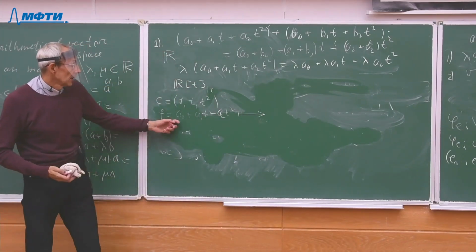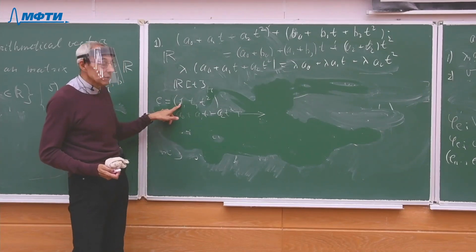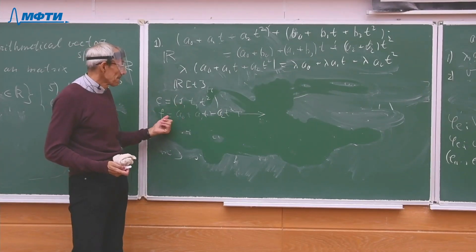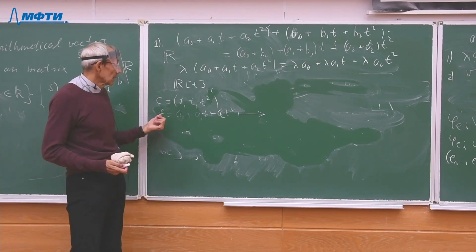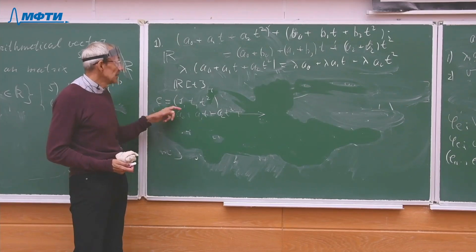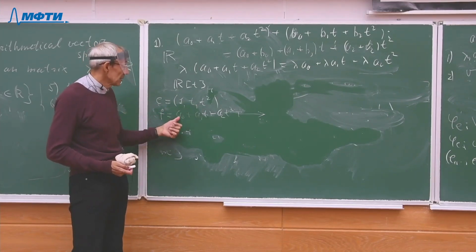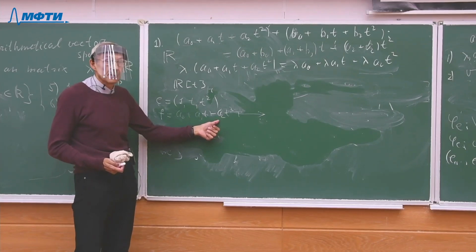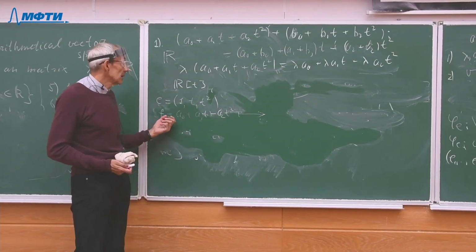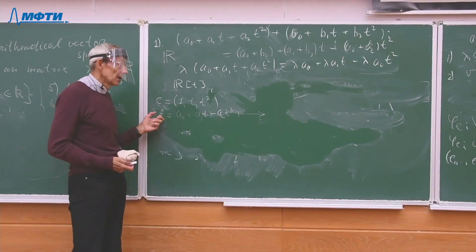We have a linear combination. Natural. I can imagine that this polynomial is a linear combination of these monomials, and by definition these scalars will be the coordinates of this polynomial.